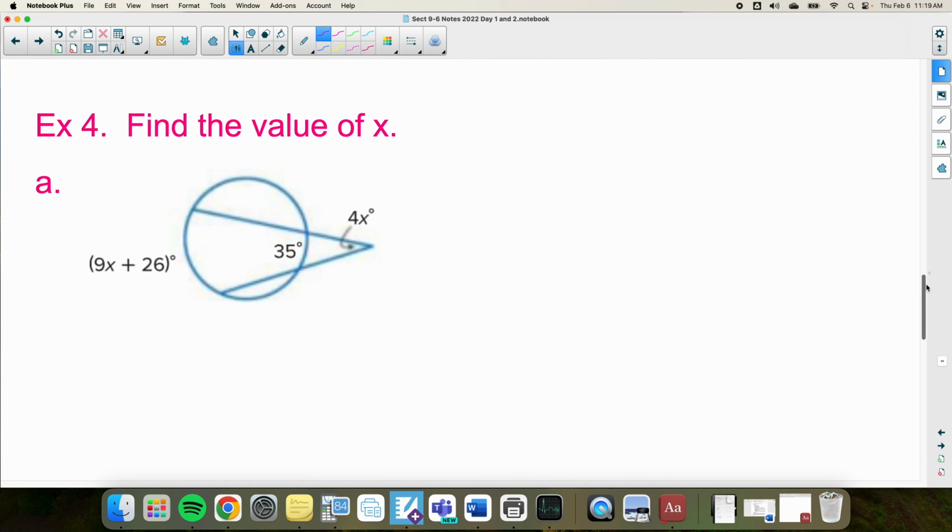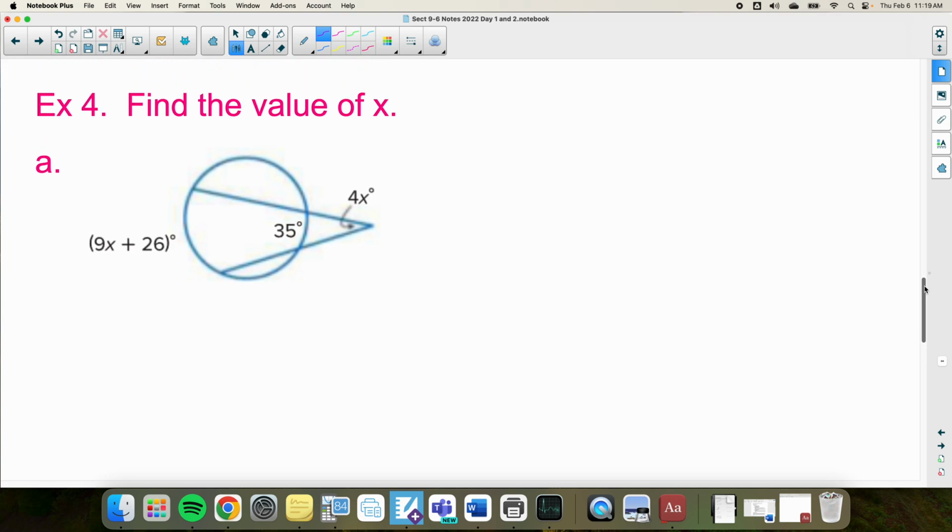Now, let's look at this one, okay? So again, when you have something like this, you have to use algebra. When you have an x in your problem, in this case more than one spot. So what I'm going to do is set up my equation and then use algebra to solve it.